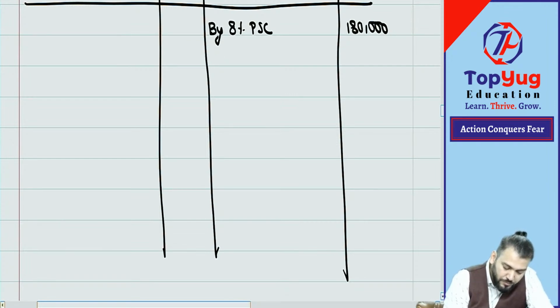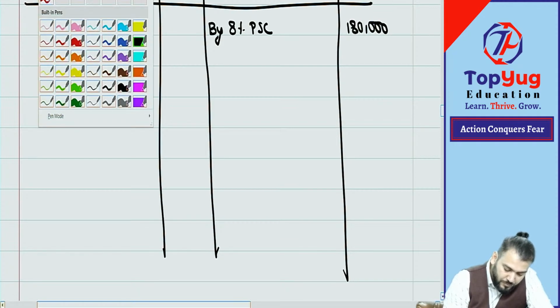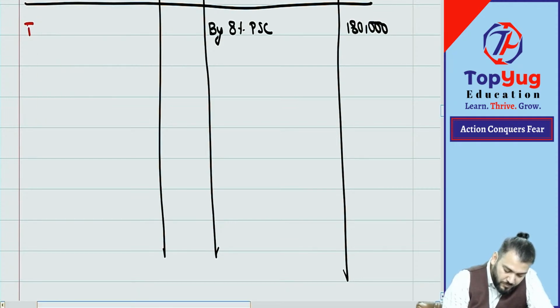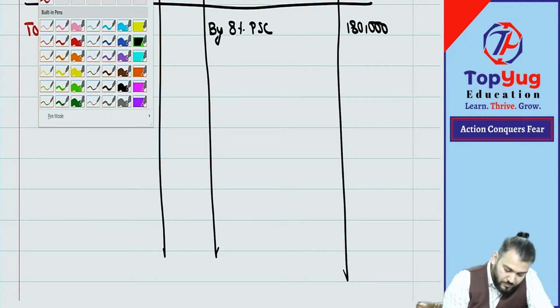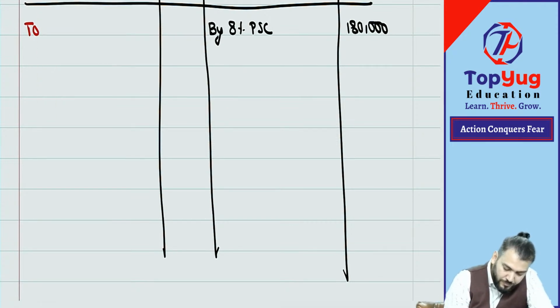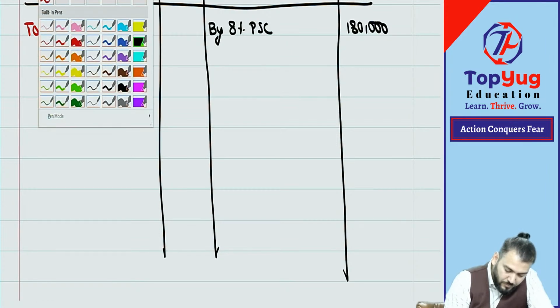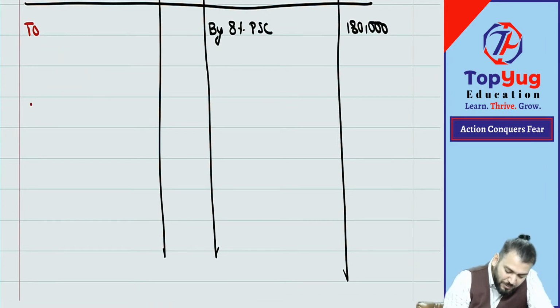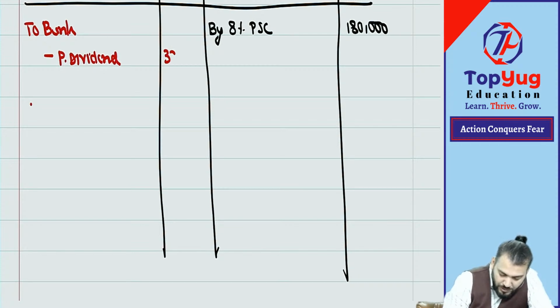Then to bank. Whenever you write to bank now, just mention what it is payment for: arrear preference dividend. How much? 33,600.